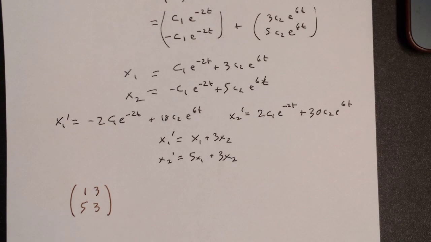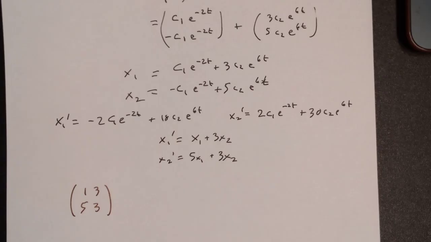What I'm really trying to figure out is, is there a vector that when I take that vector and multiply it by this matrix, I end up in the same direction? Let me go back and look at my picture for a second.